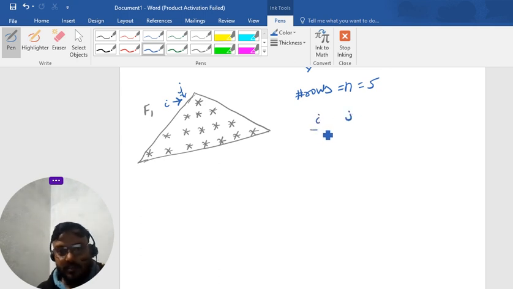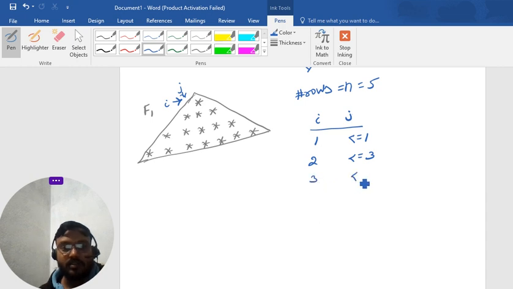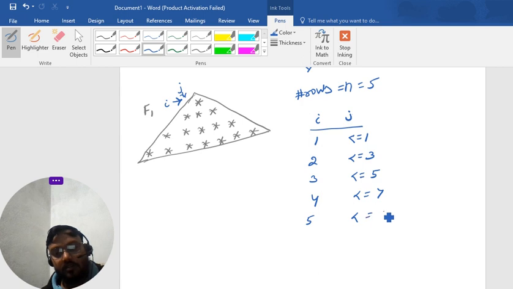In the first row, the j value will be max 1. In the second row, max 3. The third row, max 5. In the fourth row, 1 2 3, max 7. In the fifth row, 9, right?